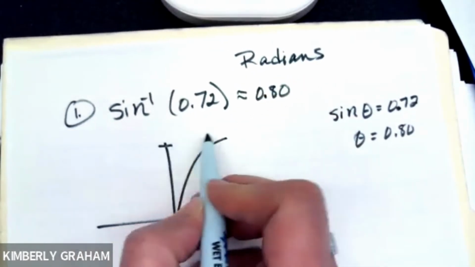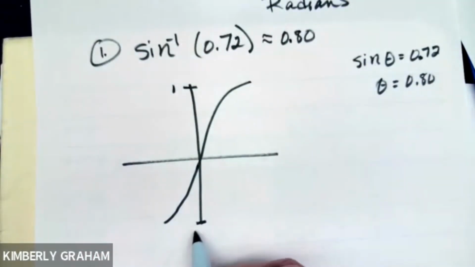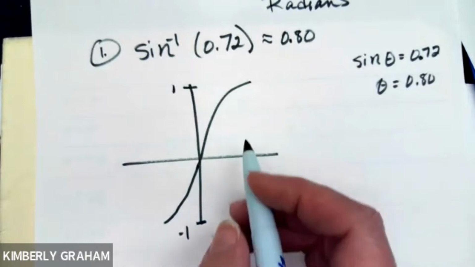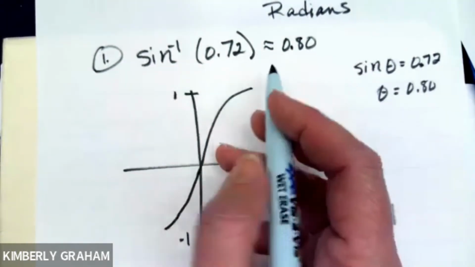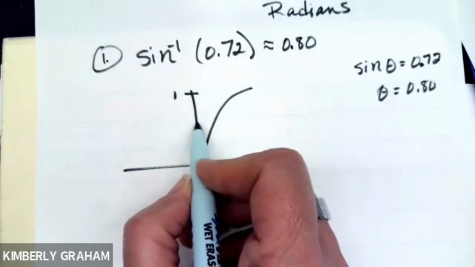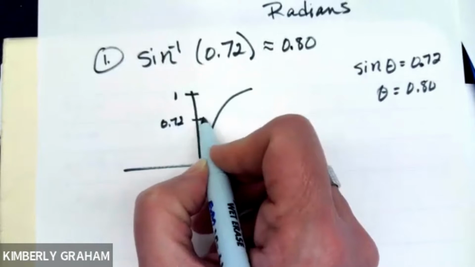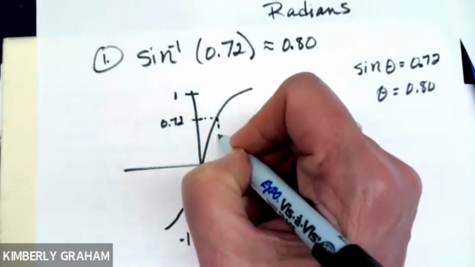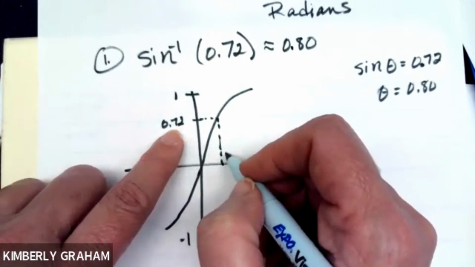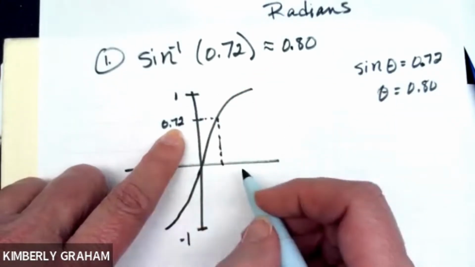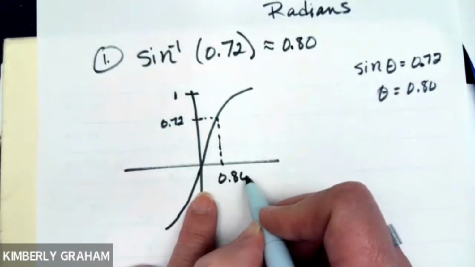Up here is my maximum, this is 1, and this is my minimum, down here, this is -1. I have 0.72 on my y-axis, let's say it's right about here, and I want to know what x value is going to give me that y value of 0.72. Well, this x value would be 0.80.